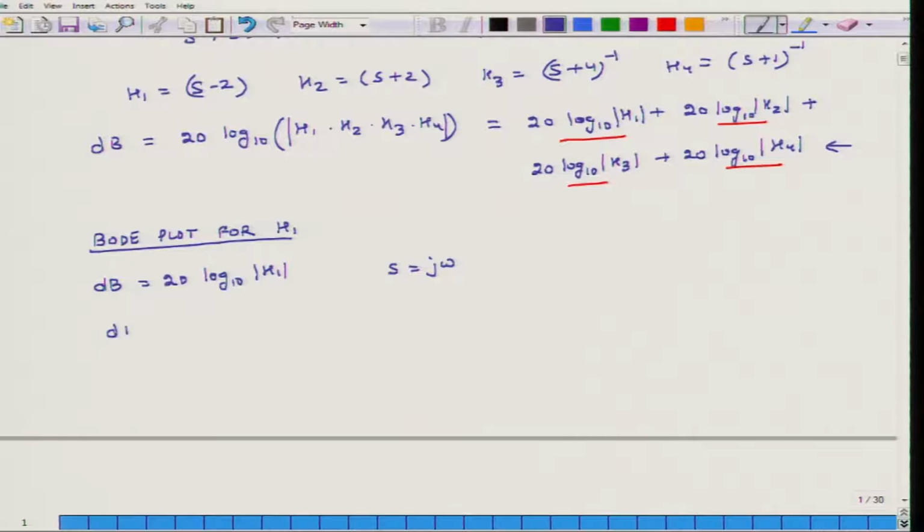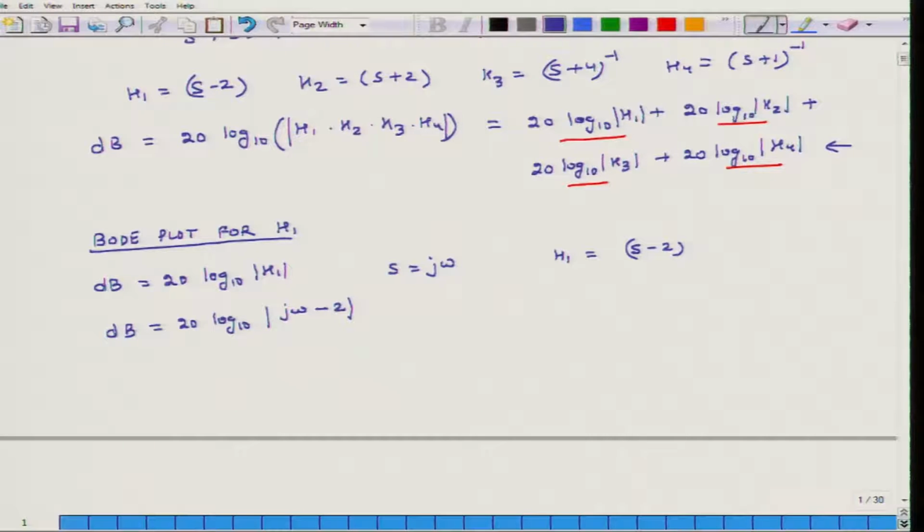We also know that H1 equals s minus 2, so what I get is 20 log of j omega minus 2. Now, this is a simple zero type of function.